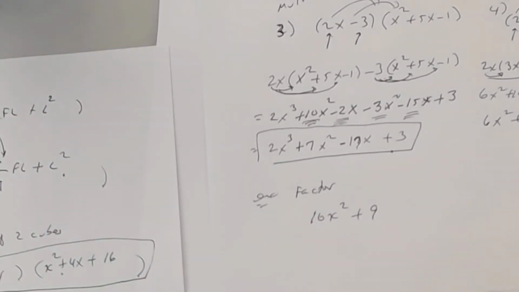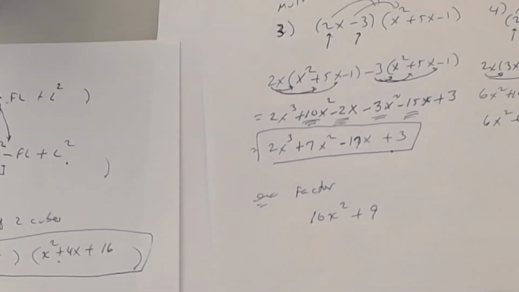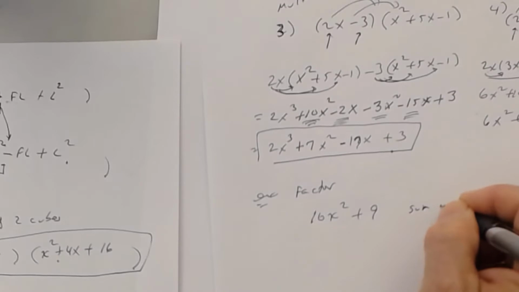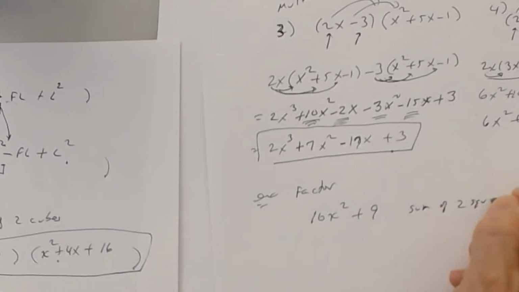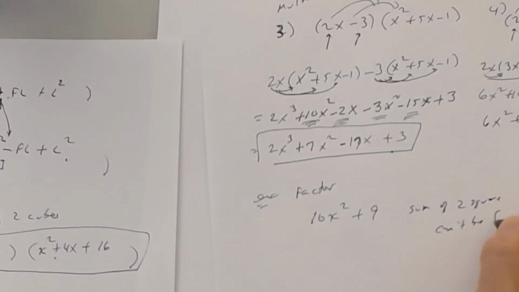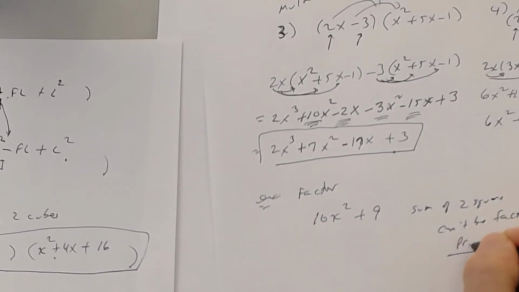What would that be if you asked to factor 16x squared plus 9? That would be prime because that's the sum of two squares. And remember, the sum of two squares can't be factored, right? But you don't say that. You say what word instead? Prime.